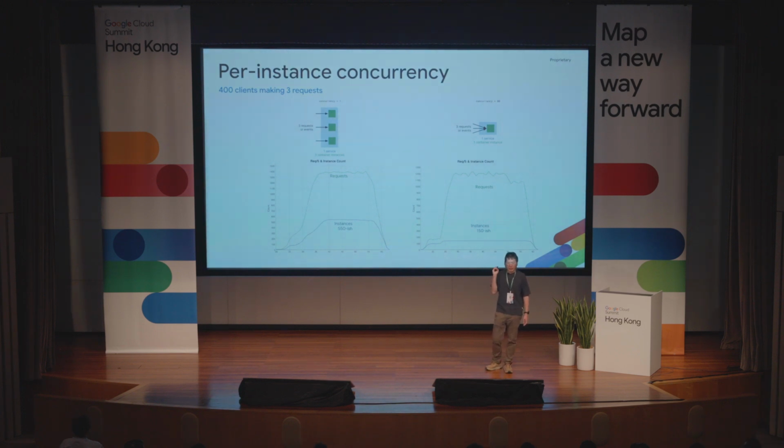So in this example, I can sustain the same kind of load of requests, and because each instance can take multiple requests concurrently, I just need fewer Cloud Run instances to run the same workload, and that means a lower cost and more efficient execution.